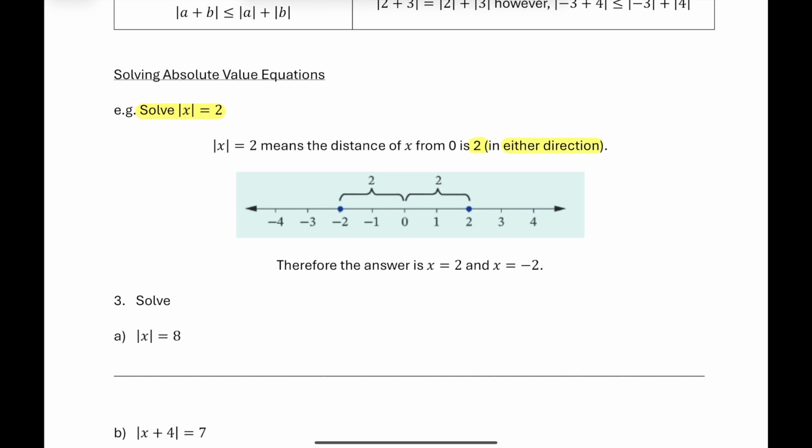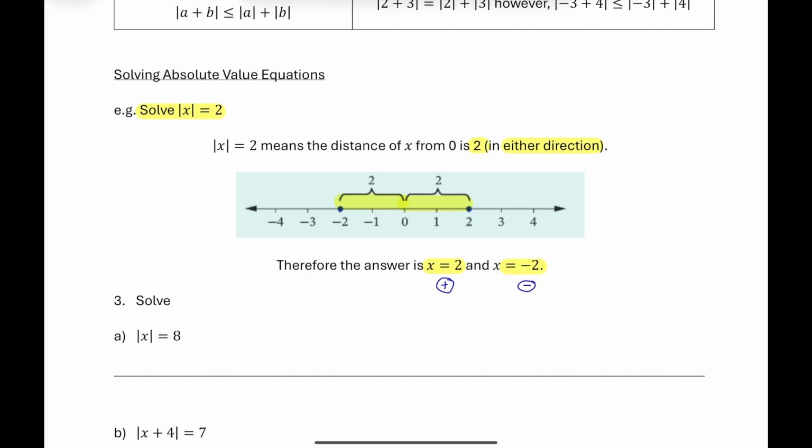You can see on our number line, I've moved 2 places to the left and another 2 places to the right. So I have 2 solutions, one which is positive and one which is negative.